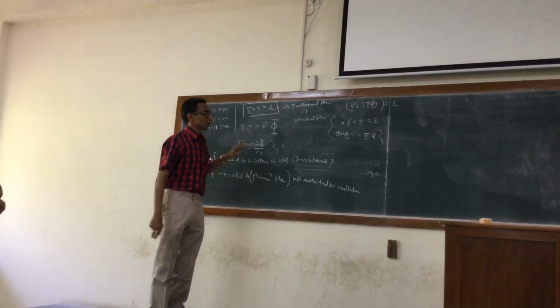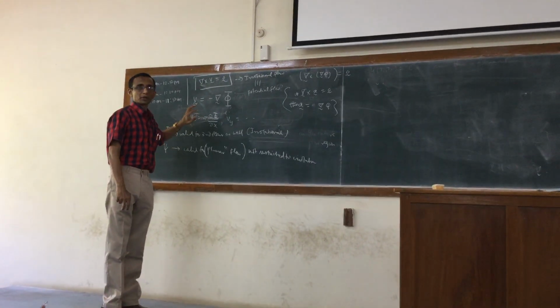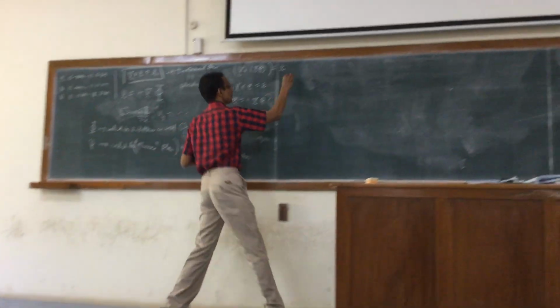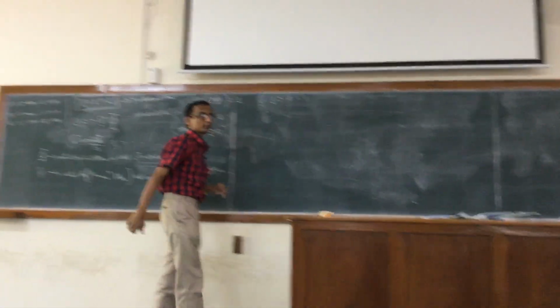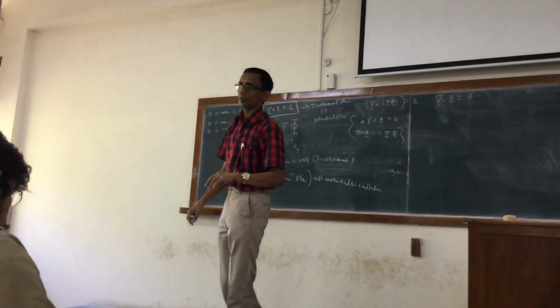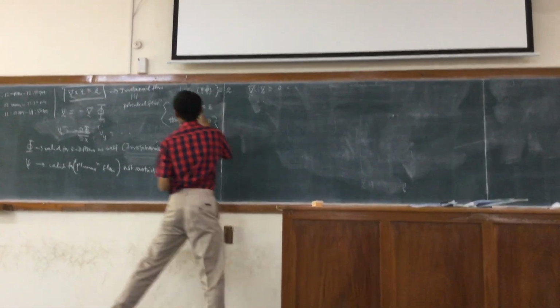The important equation that comes when I talk about the incompressible fluid is that, since it is an incompressible fluid, the divergence of the velocity is zero. Now I am talking about irrotational flow of an incompressible fluid.